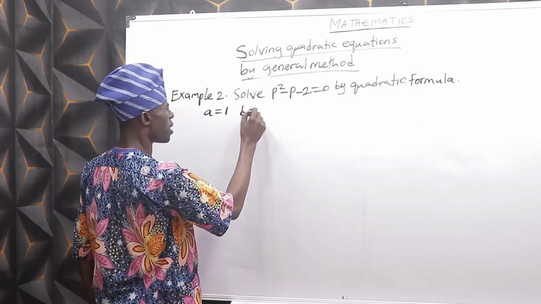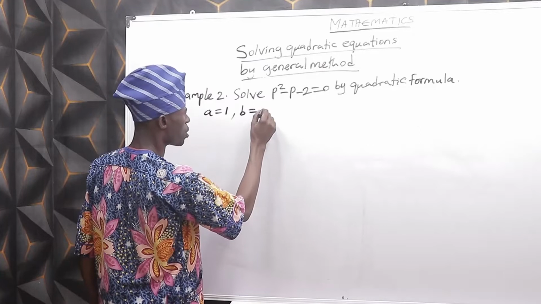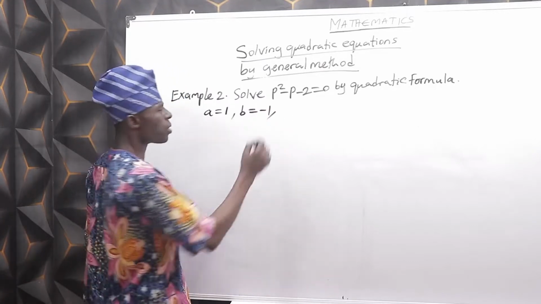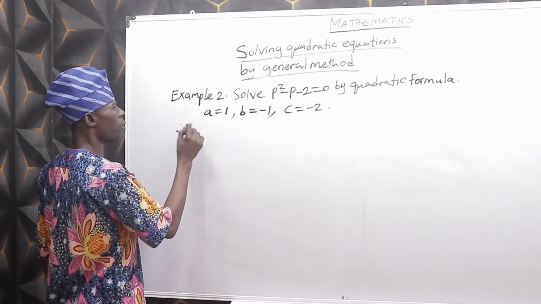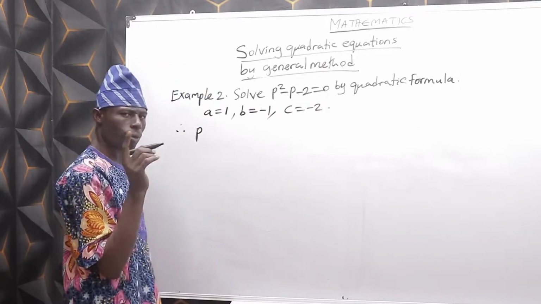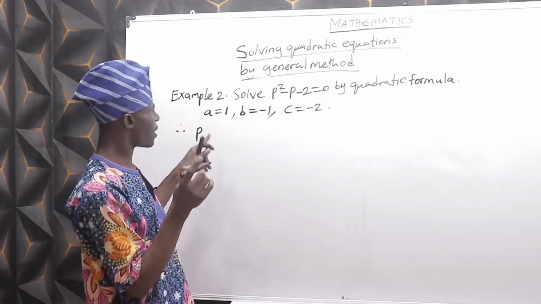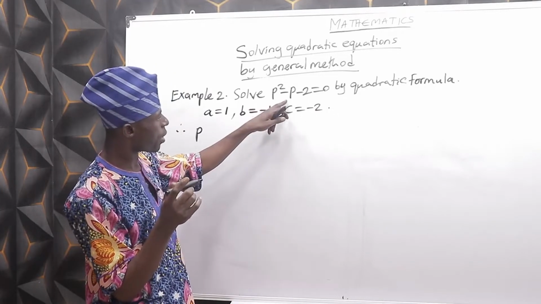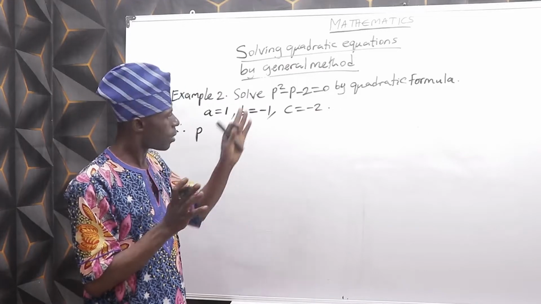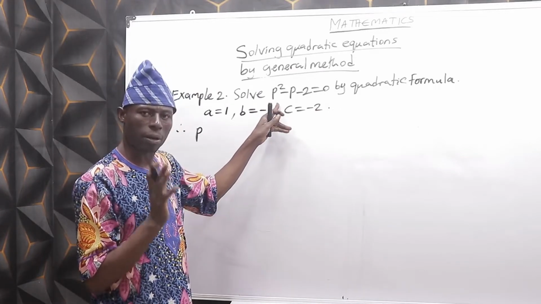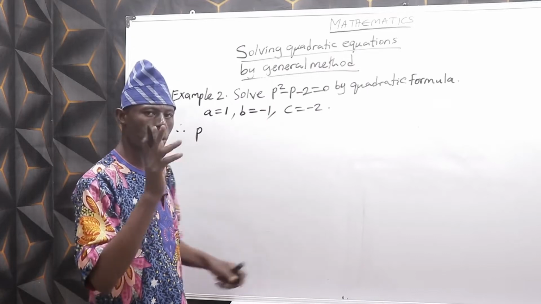B is the coefficient of p, which is minus 1. C is the constant, which is minus 2. Therefore, for p, don't forget, we will not use x because the variable used here is p. Don't be stereotyped. Once you see another type of variable, don't go and be using x.